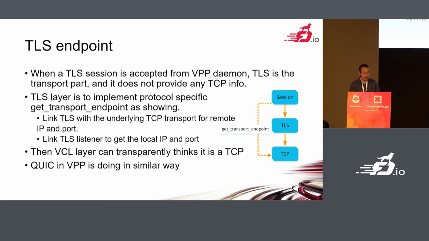Then, based on this implementation, the VCL layer can transparently link the TLS with the TCP part. And one more thing is that QUIC in VPP also uses a similar way to go through this interface.